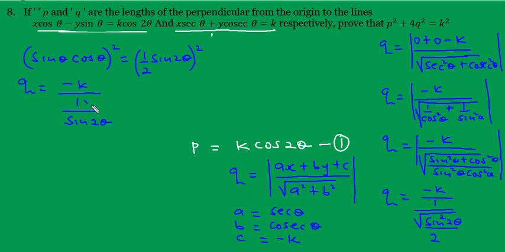I can put 2 up in this case. So our Q is going to be negative k, but don't forget that we are dealing with the modulus.